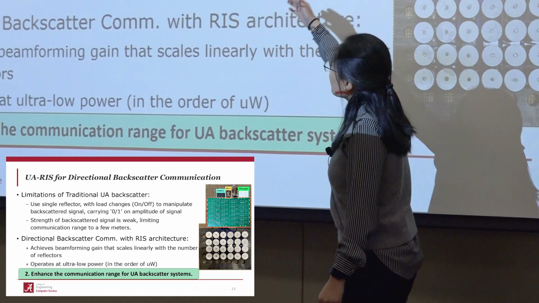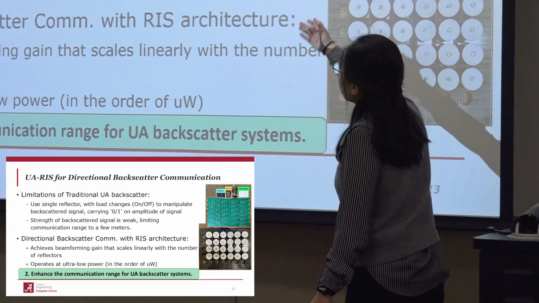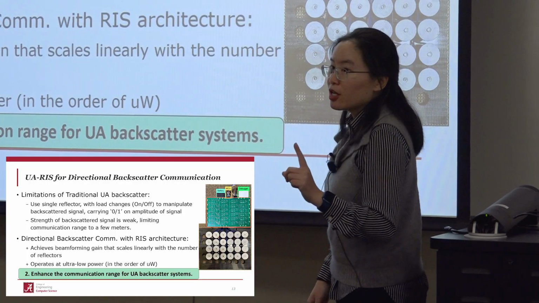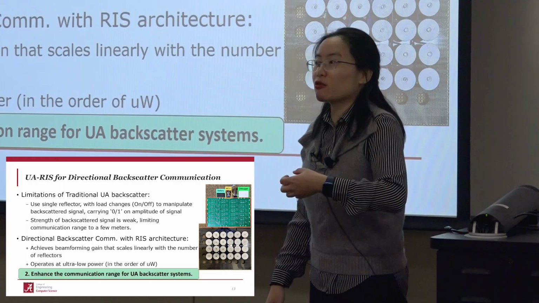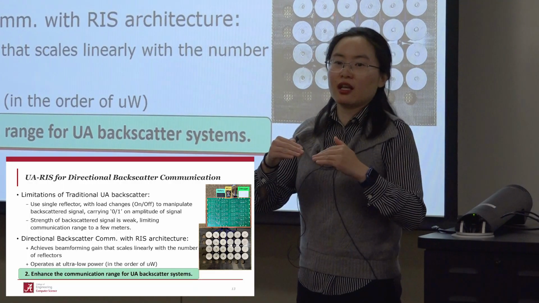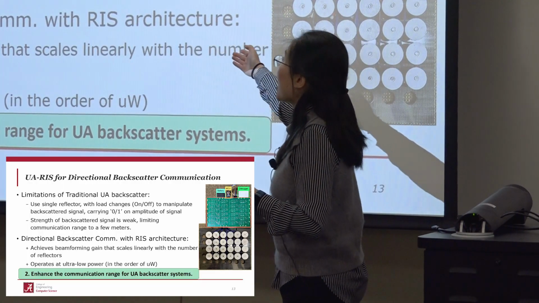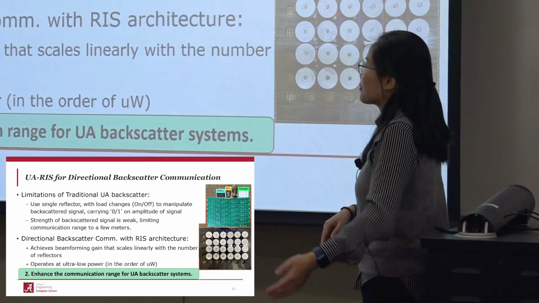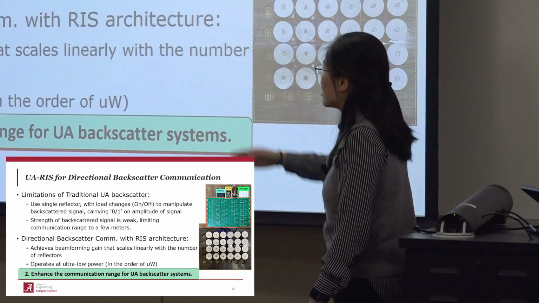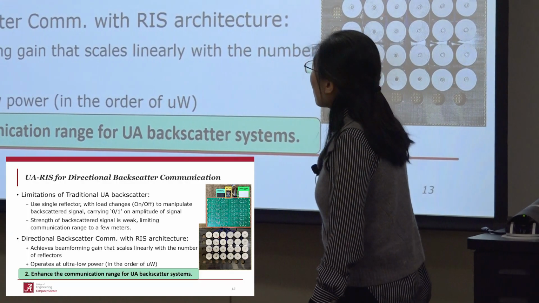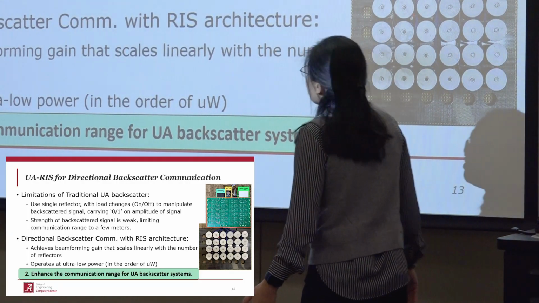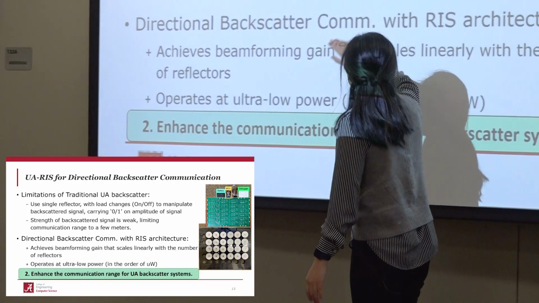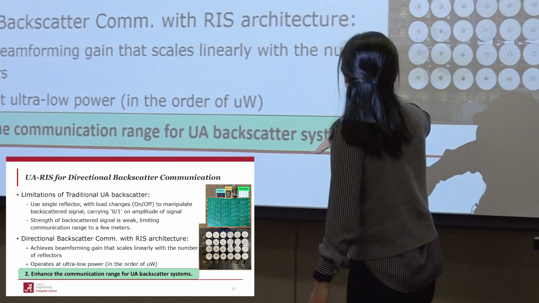Because this backscatter communication only uses one single reflector, the backscattered signal strength is very limited. And so that's the reason why it can only communicate over a range of a few meters. So we can naturally expect to have directional backscatter communication with this RIS architecture.